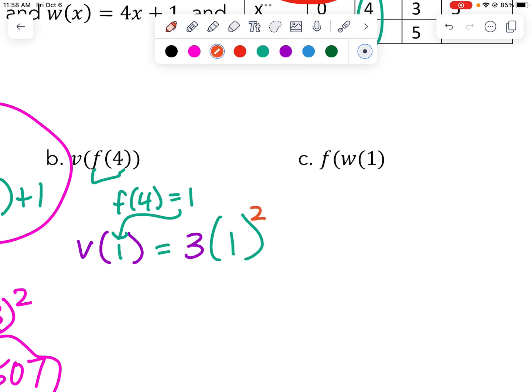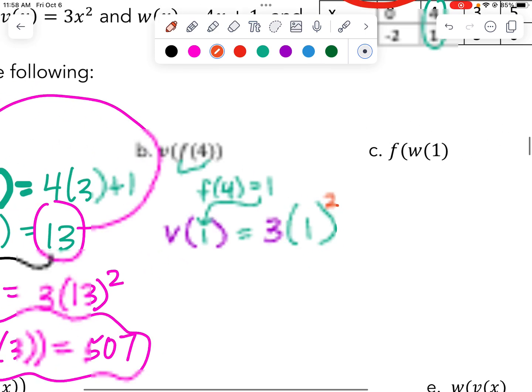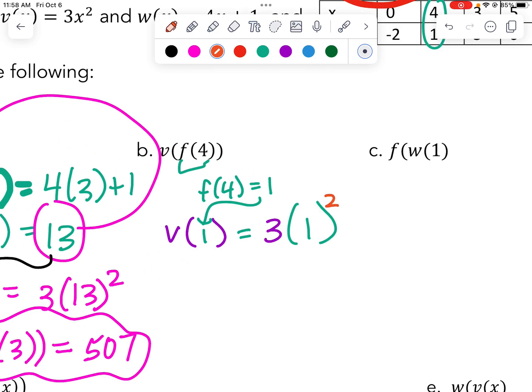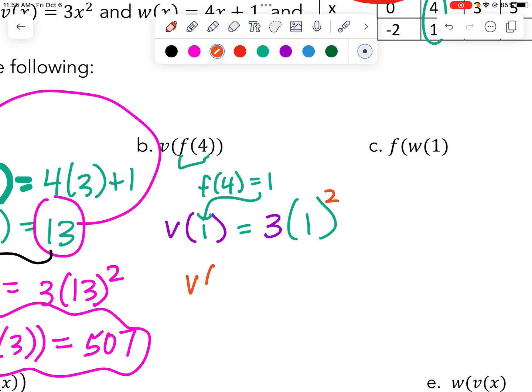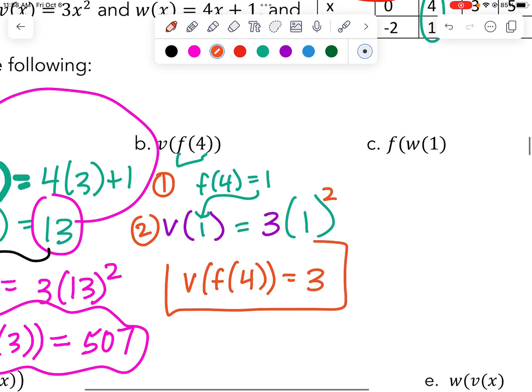So 1 squared is 1. 1 times 3 is 3. So we would say v of f of 4 equals 3. So you take one function and you plug it into the second function to get your answer.